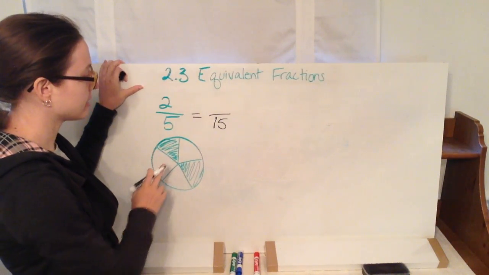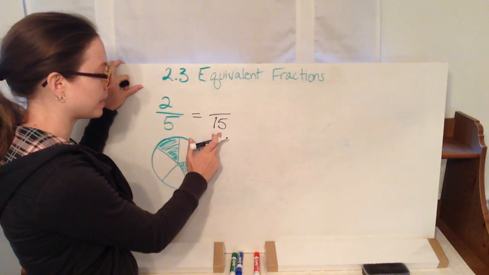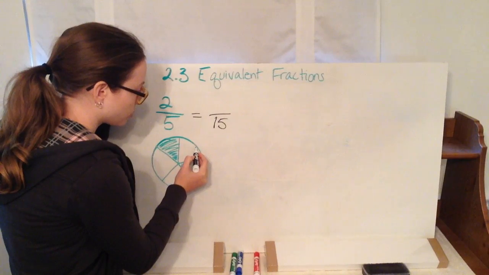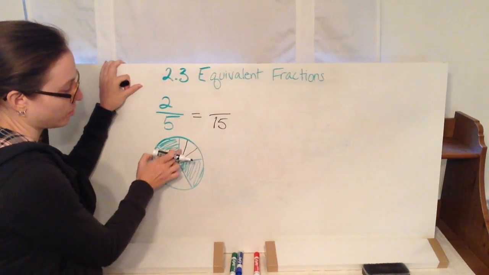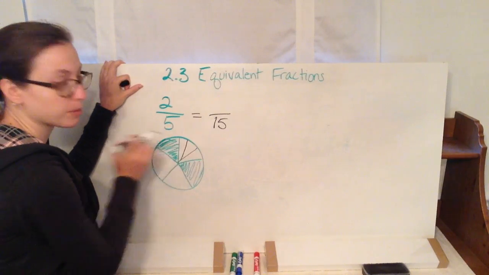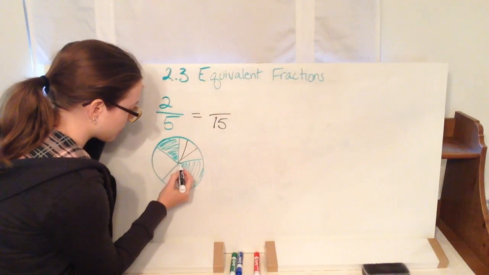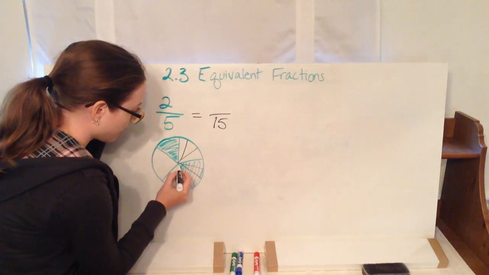Now, using what we just talked about, you might be able to figure that out, but I'll show you again. In order to have 15 equal pieces, I'm going to have to split each one of these 5 into 3 pieces. So where there was 1, now there's 1, 2, 3. Okay? Going to do the same thing with all of them.